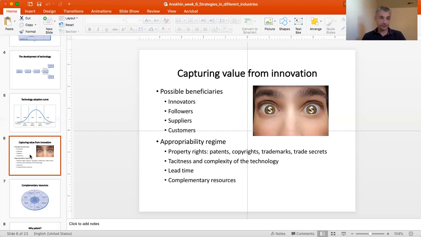Lead time is another big thing. So often it takes competitors several years to be able to fully understand and replicate the technology. If that happens, the company that has come up with an innovation has all this time to advance technology forward, right? To move the frontier.